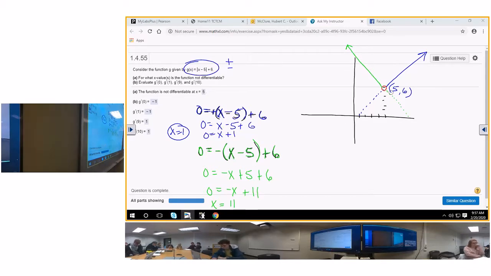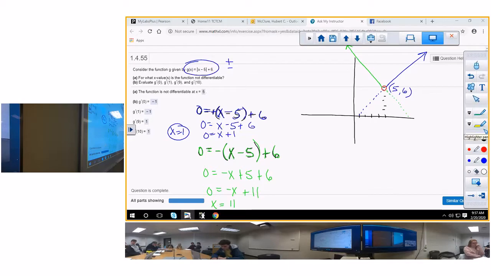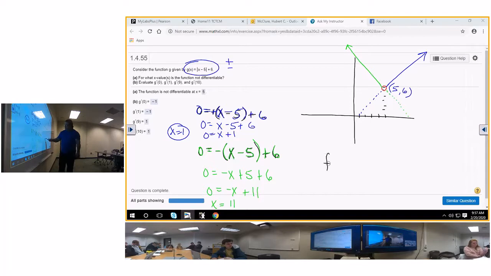And if you were to take that negative function, that negative x plus 5, what is the derivative? If you had f of x is equal to negative x plus 5, the derivative of negative x is what? Negative 1. And that's why you got two negative 1s there.